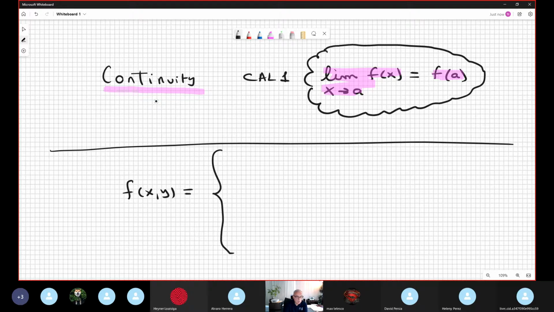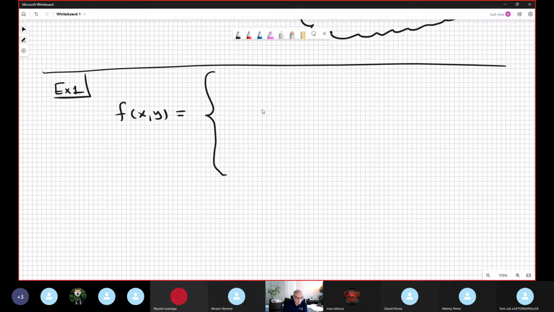Example 1, continuity. Suppose a piecewise function is given in the problem: cosine y multiplied by sine x divided by x, but this condition is valid for any pair that is not the origin.